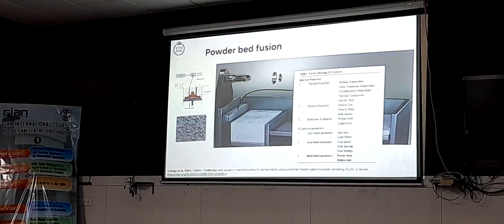If we look into SLS, or it used to be SLS, and now it's powder bed fusion, I tend to forget. But if we look into the process parameters, of course the laser-based parameters, the spot size and the laser power are of importance.